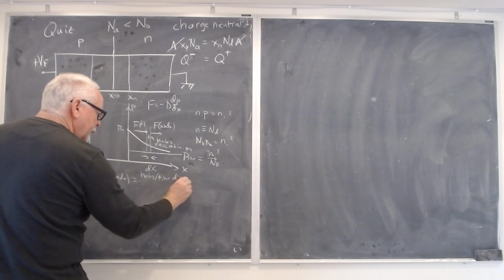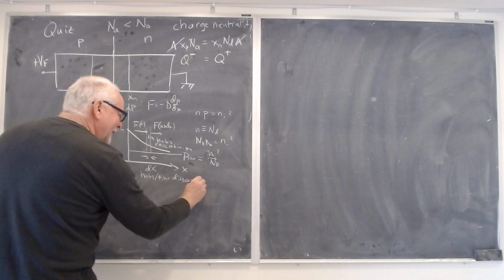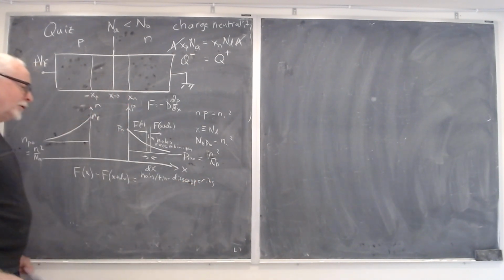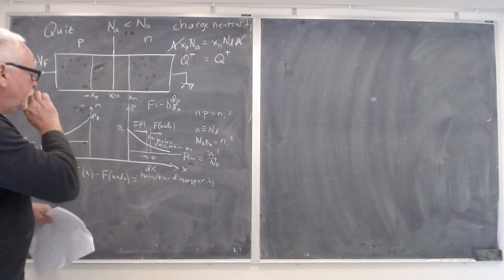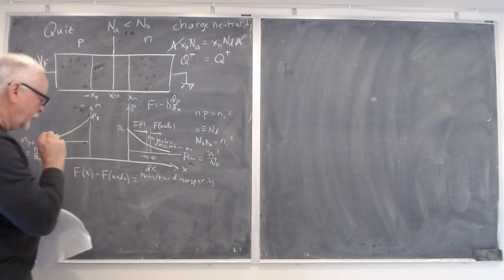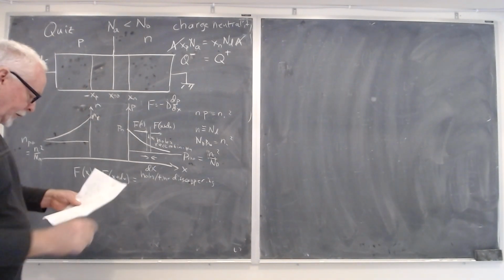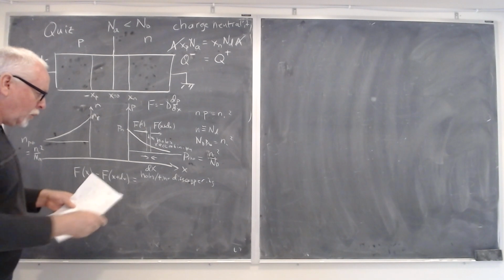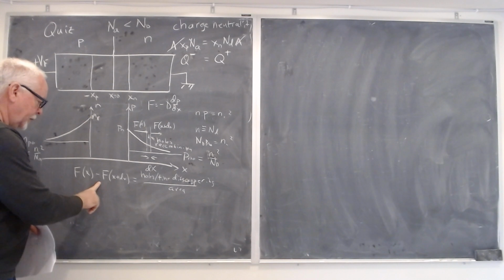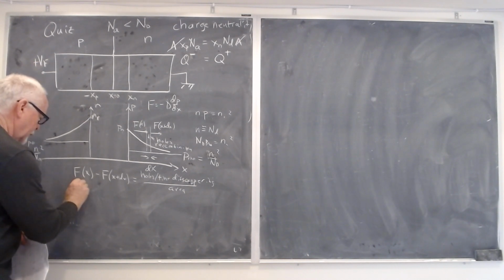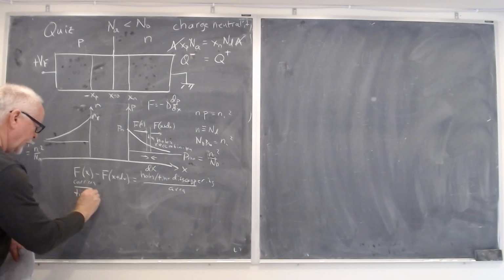I can't spell disappearing. I could have written going away. The holes per unit time disappearing. And you would have to put, well, it's the holes per unit time per unit area, because remember, this is carriers per unit time per unit area.